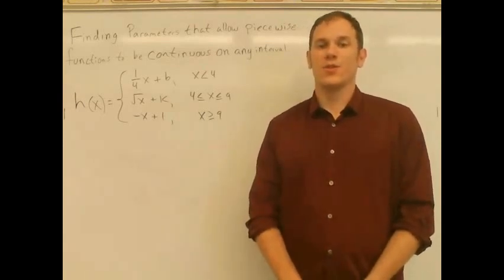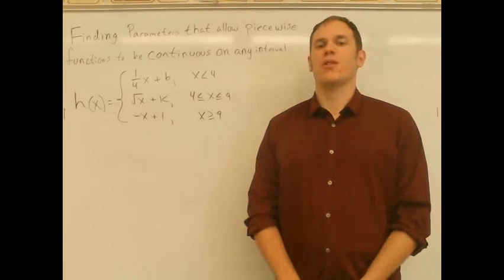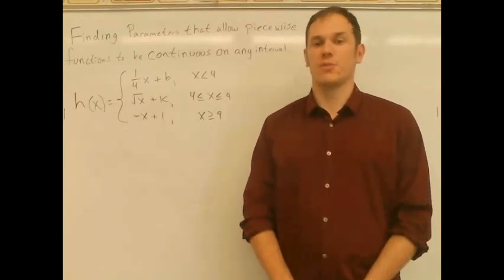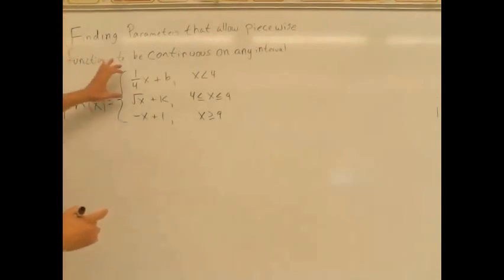Now that you've seen the solution, let us walk through the explanation as I am going to present it. So here, short and sweet, we're going to say the limit as x goes to 4 for both of these equations has to be equal.